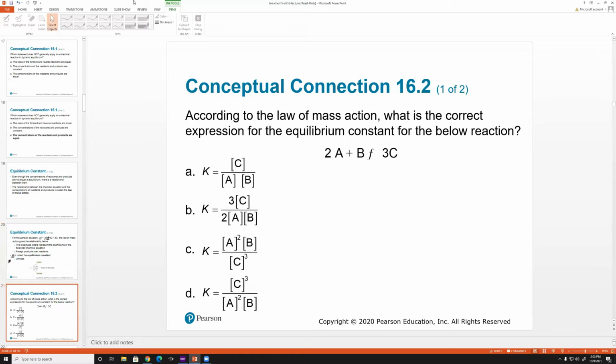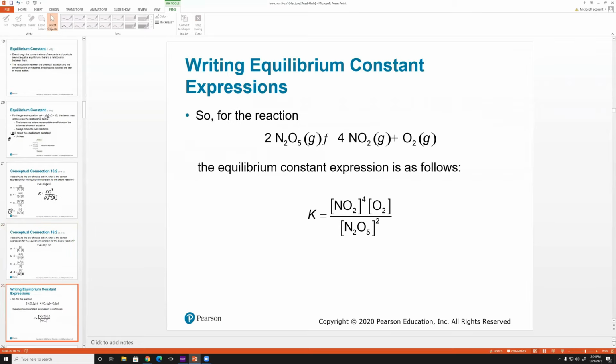For example, if we have the reaction 2A plus B equals 3C, we can say capital K equals the concentration of C cubed divided by the concentration of A squared times the concentration of B. And that is option letter C. It's very simple. It's the same for every type of reaction. If you see a reversible dynamic equilibrium reaction, you can determine the equilibrium constant very easily.